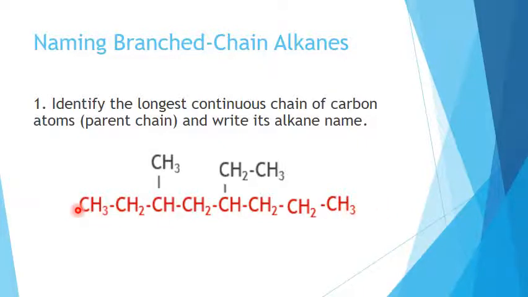The longest chain doesn't always have to be straight across, and it doesn't always have to go left to right. It can go right to left, or up to down, or down up. We're going to see all those cases as we go along. So the first thing to do is find the longest continuous chain, and that's 8. We name this its parent name.